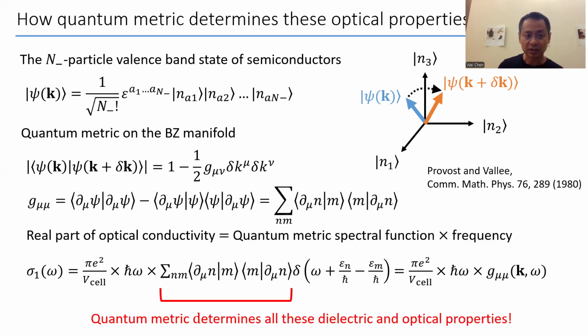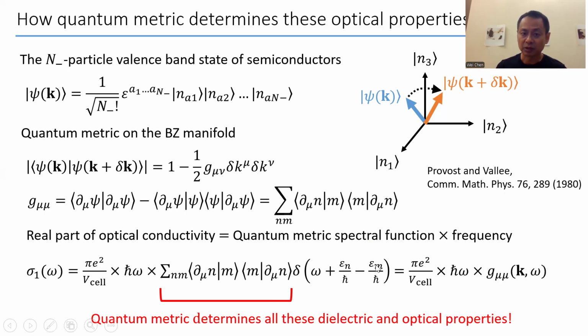This is because it turns out that the real part of optical conductivity, if you write down the expression of it, which you can simply argue from the formula of Fermi's golden rule, is some constant times the frequency of the light multiplied by this kernel, which is essentially the matrix element of optical transition, and which is precisely the quantum metric.